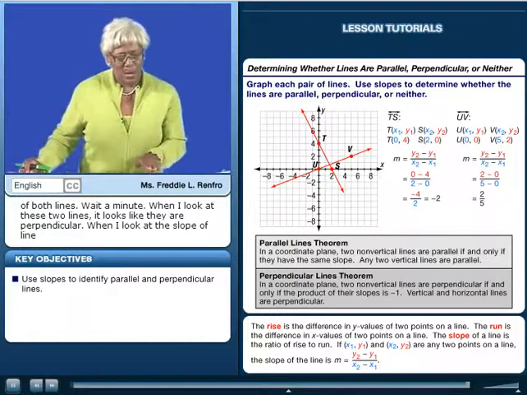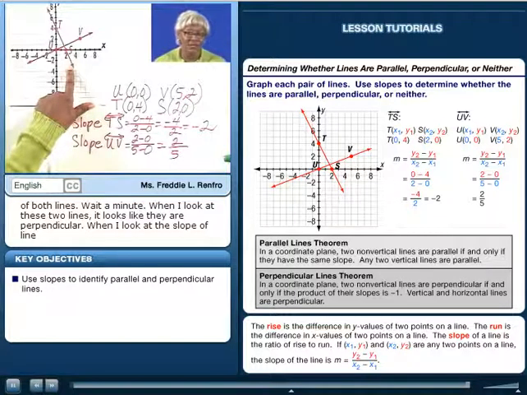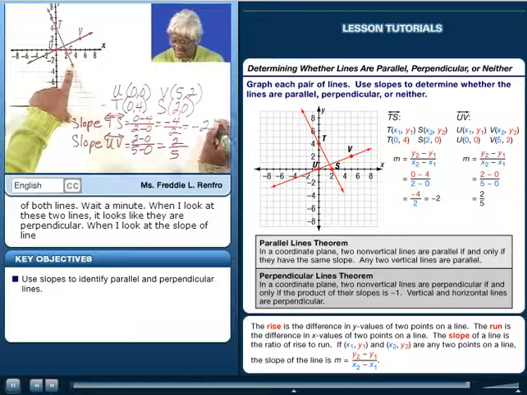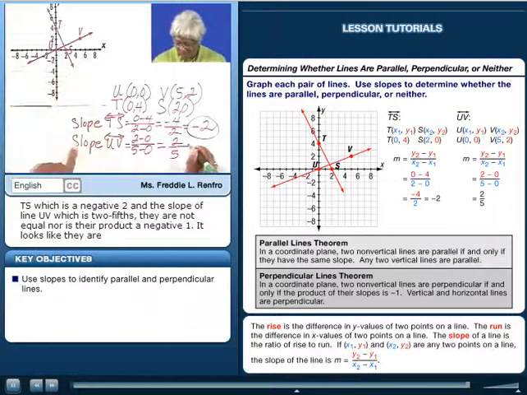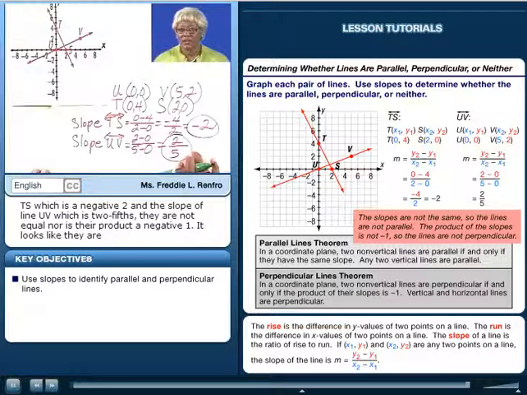So we've computed the slopes of both lines. But wait a minute. When I look at these two lines, it looks like they're perpendicular. But when I look at the slope of line TS, which is negative 2, and the slope of line UV, 2/5, they're not equal, nor is their product a negative 1.